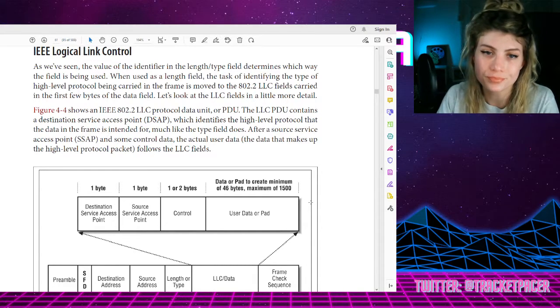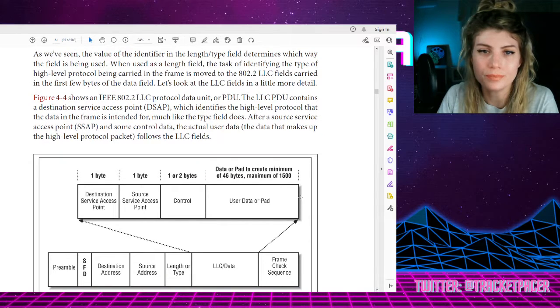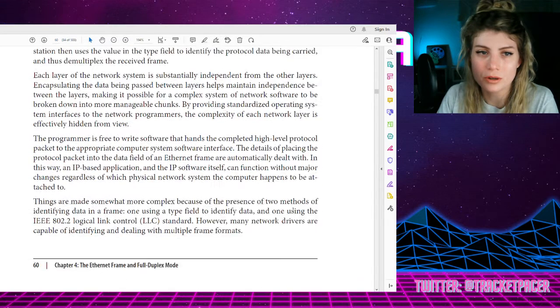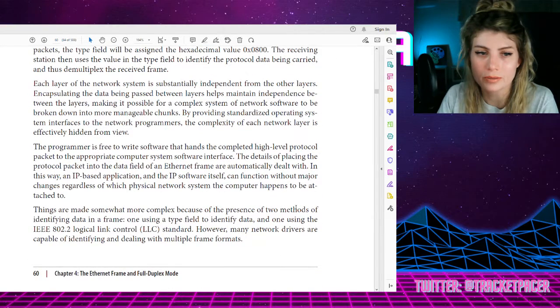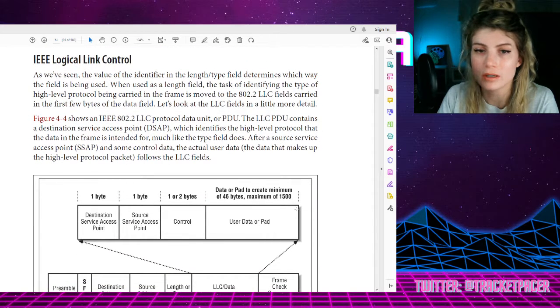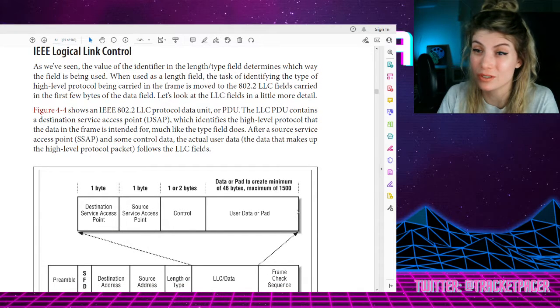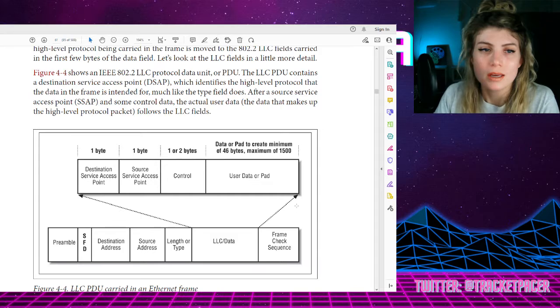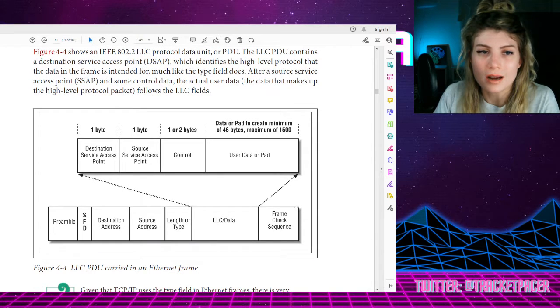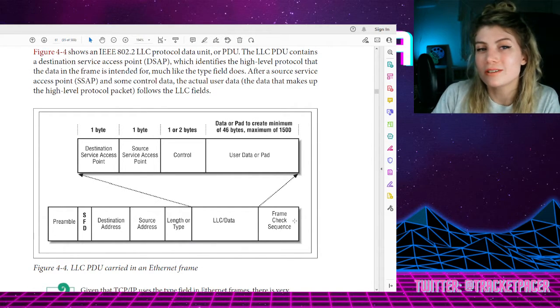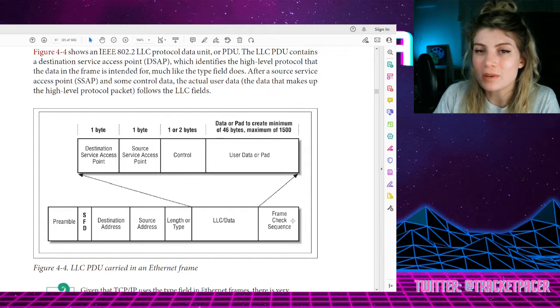Easy to remember. Okay, so prior to this, we were talking about what happens when we're using the type field, but now we're talking about using it as the length field instead of the type. It's the same field, I think, just called something different depending on how you're using it. So, okay. Here's our little figure. It shows an IEEE 802.2 LLC Protocol Data Unit, or PDU.